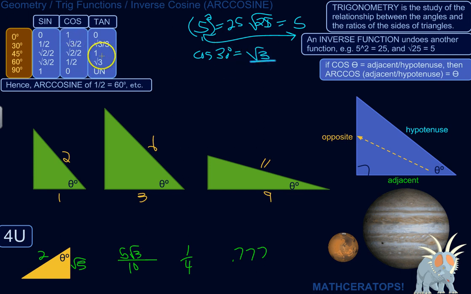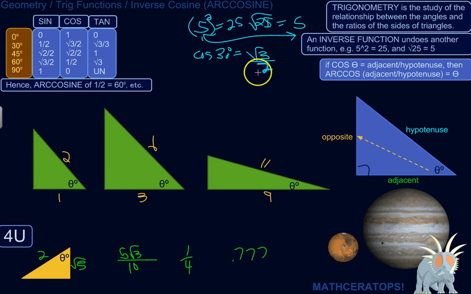And I have this little chart of common trig ratios for these standard angles, 0, 30, 45, 60, 90. Those are good ones to memorize, and you'll see these on the unit circle. If you see them on a unit circle, the patterns become clear and they're much easier to memorize. But that's for another day. Anyway, so the cosine of a 30-degree angle would be the ratio square root of 3 over 2.